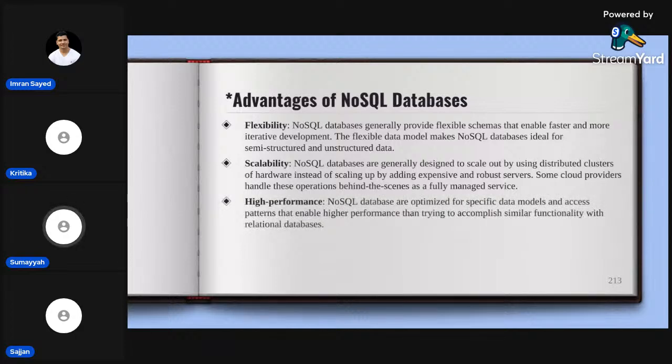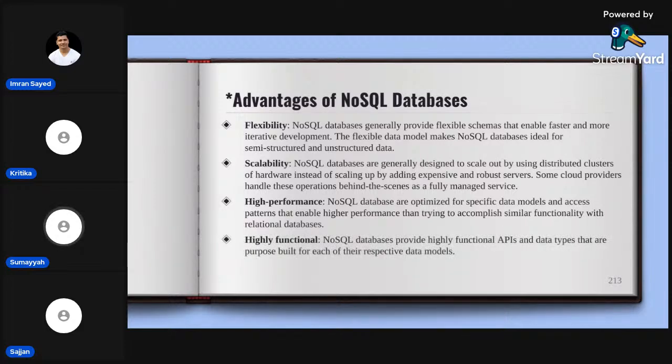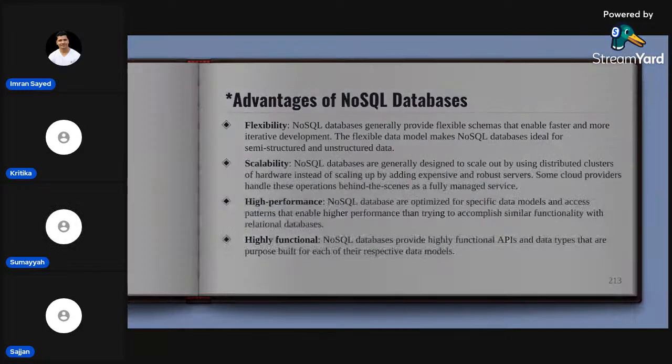High performance: NoSQL databases are optimized for specific data models and access patterns that enable higher performance than trying to accomplish similar functionality with relational databases. Highly functional: NoSQL databases provide highly functional APIs and data types that are purpose built for each of their respective data models.